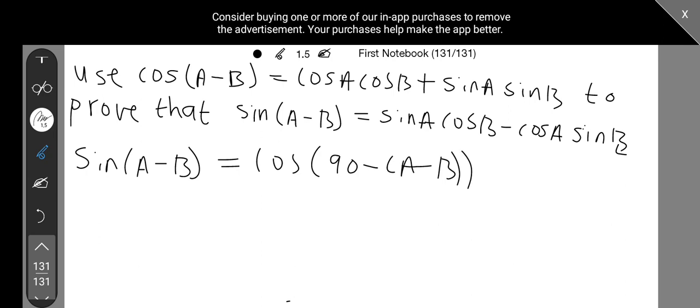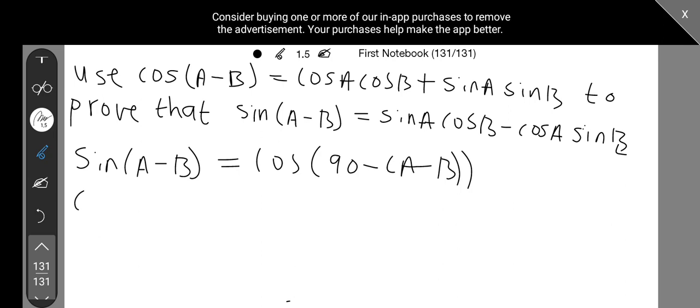The sine of A − B is equal to the cosine of 90 − (A − B). We can take this thing as theta, and this again as theta, so we can say that sin θ is equal to cos(90 − θ). We have said it in the video for cofunctions, so make sure you visit that lesson. So we're going to say that sin(A − B) is equal to cos(90 − (A − B)).